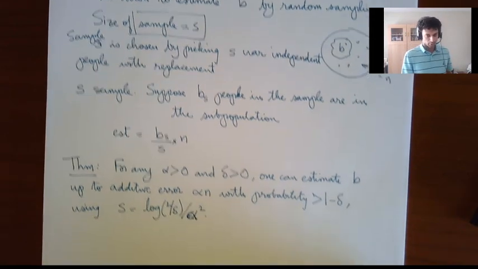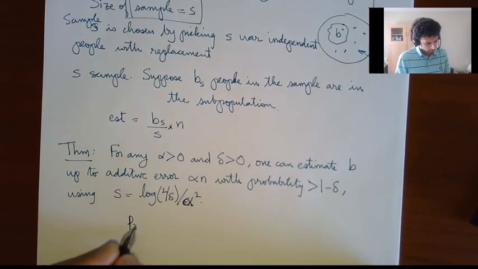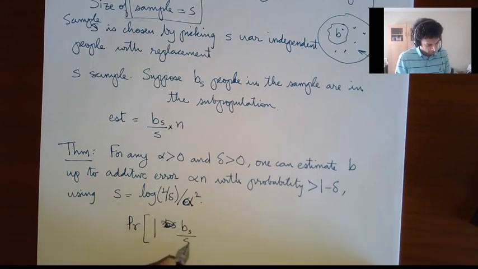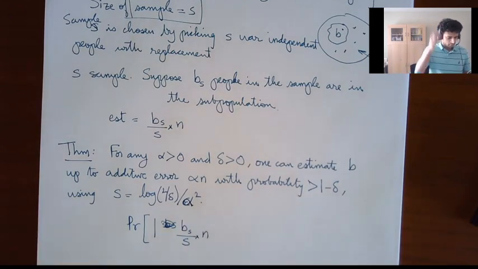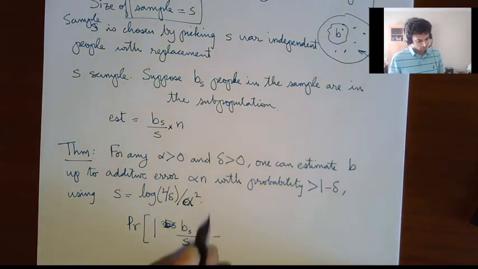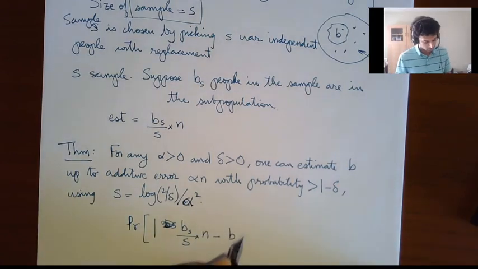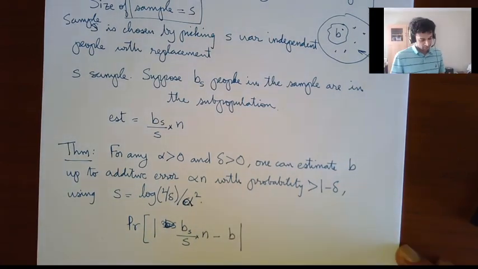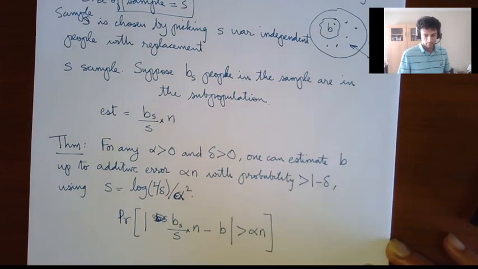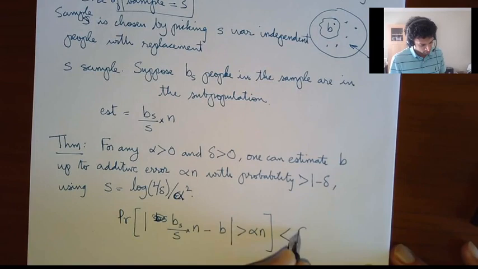Okay, formally what I'm going to say is that the probability that B sub S divided by S times N, this is your estimate, and the true answer is B, deviates by more than alpha times the population size is at most delta.